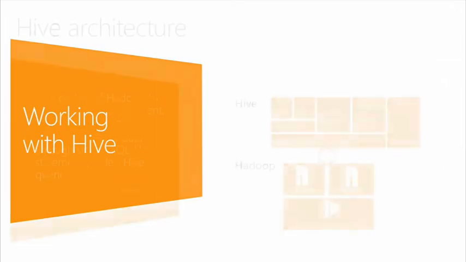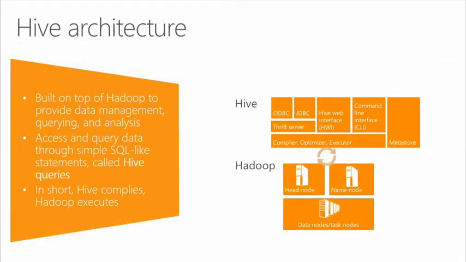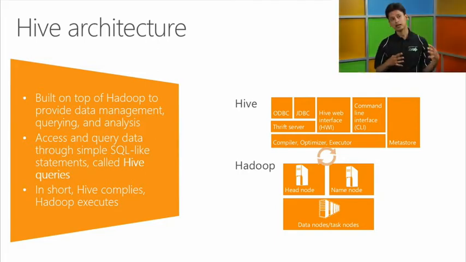So what is Hive? Hive is essentially a very lightweight data warehousing layer on top of Hadoop. Now you saw Hadoop is comprised of essentially two parts in the previous modules. You have the storage. In case of HDInsight, the storage layer is Azure Blob Store.